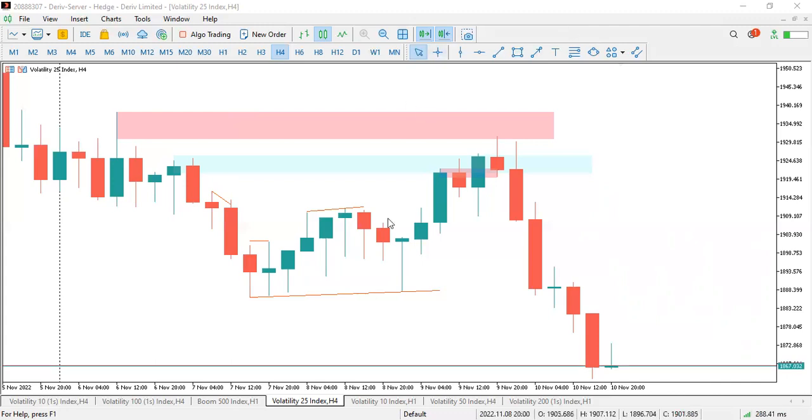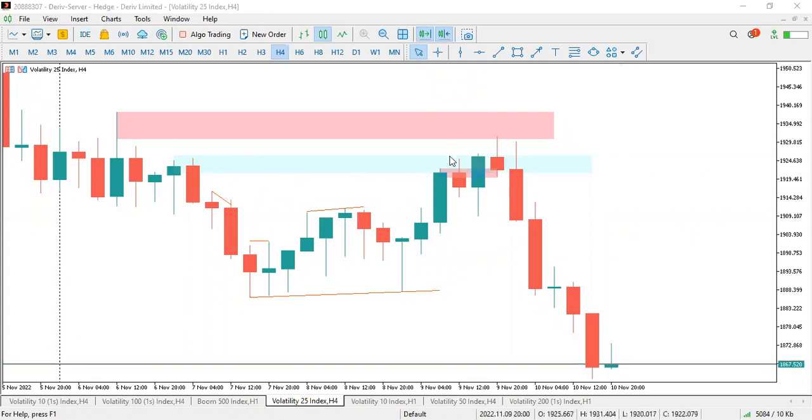All right. So this pair has been on a downtrend for some months now or weeks now, if I'm not lying. So I was looking to only sell that market. Yesterday I did the analysis in the morning, and price didn't work out for this first zone.